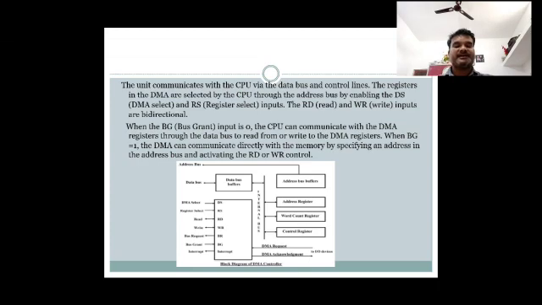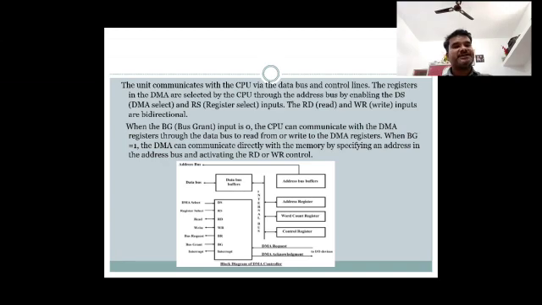The registers in the DMA are selected by the CPU through the address bus by enabling the DS or DMA select and RS or register select inputs. The RD or read and WR or write inputs are bidirectional.